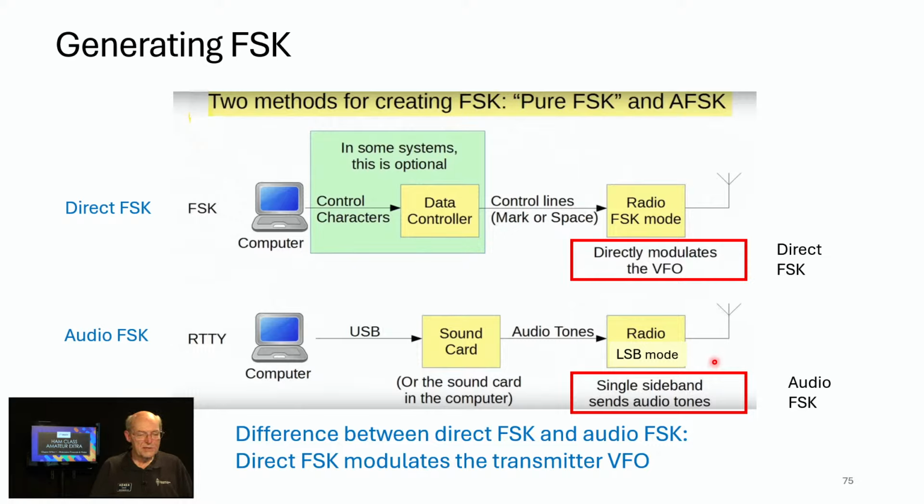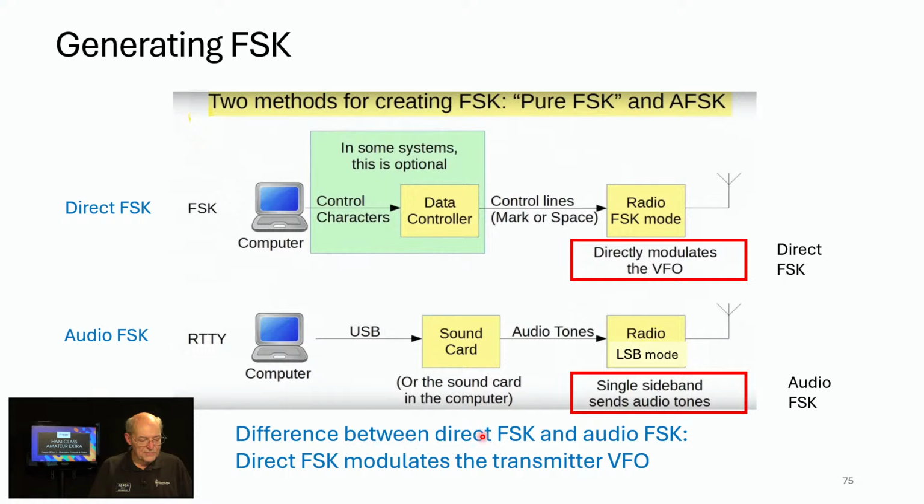Lower sideband is the default mode for radio teletype and transmitting it. So here we're using audio tones transmitted on single sideband. Here we're actually shifting the frequency of the oscillator. On the receiving side, if these are set up correctly, you can't tell the difference.